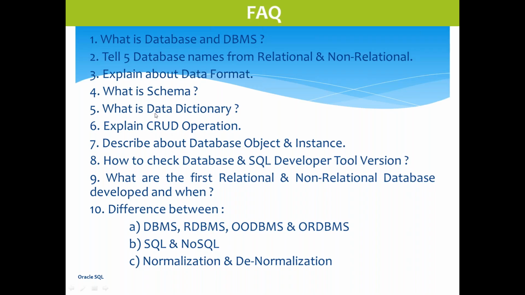Next is data dictionary. Data dictionary, what is that? Who can tell? Data dictionary is a dictionary; every database has its own dictionary. In the database also, one dictionary kind of thing is present, and those will be maintained as tables only.